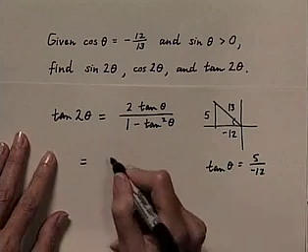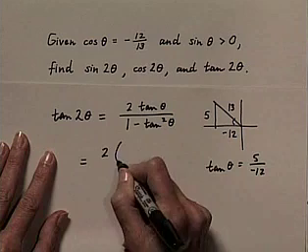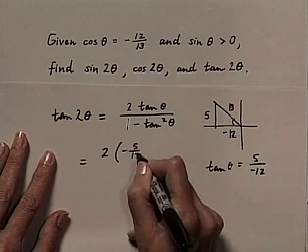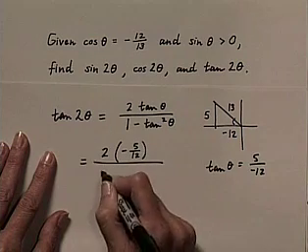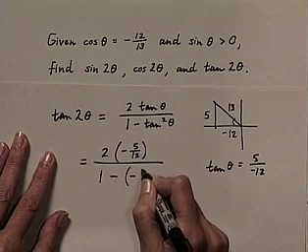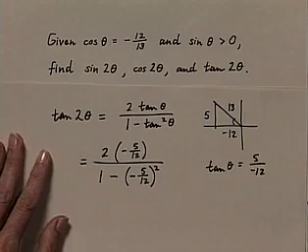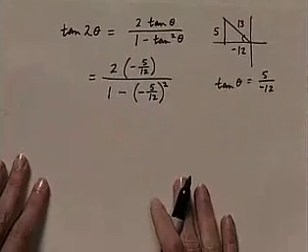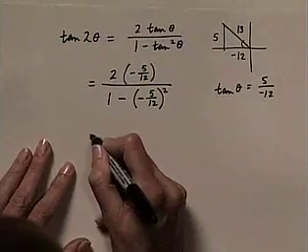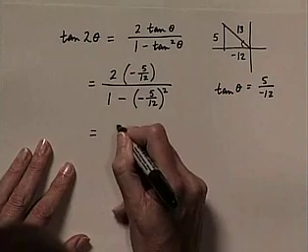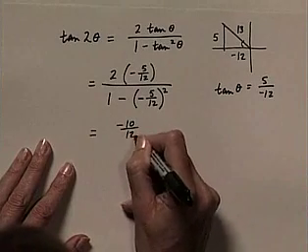Here then, we're going to evaluate this as 2 times negative 5/12 divided by 1 minus our negative 5/12 squared. Let's simplify further now. Here, we can multiply in the numerator to come up with a negative 10/12.